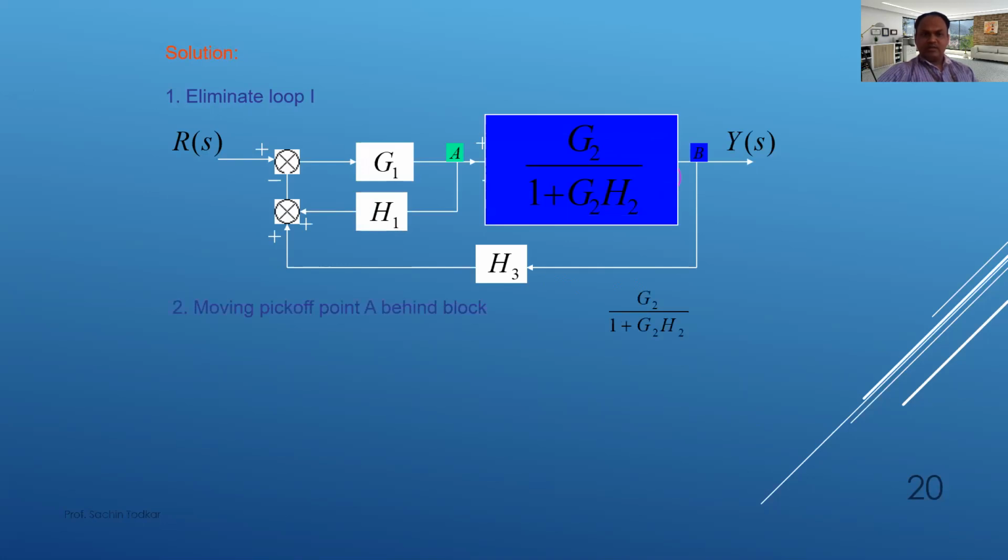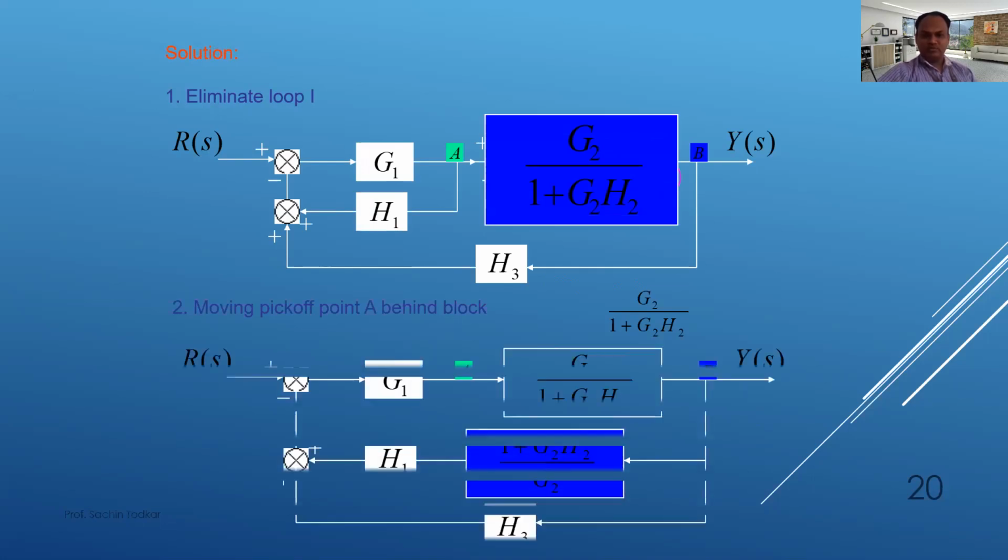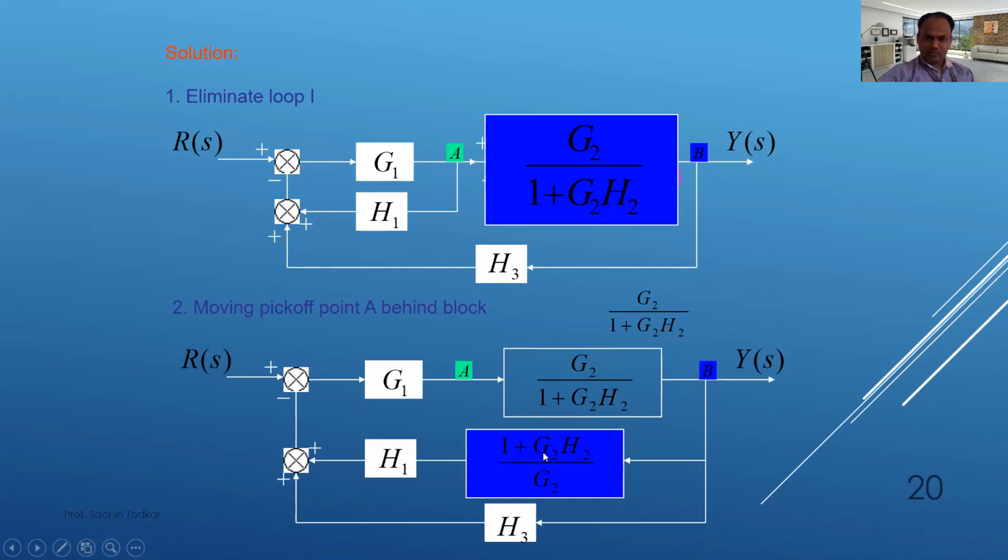Now the pickup point is to be moved, because there is a feedback function here, so the pickup point is moved here from A to B, and it will become H1 divided by this particular one, which is equal to multiplied by its reciprocal.